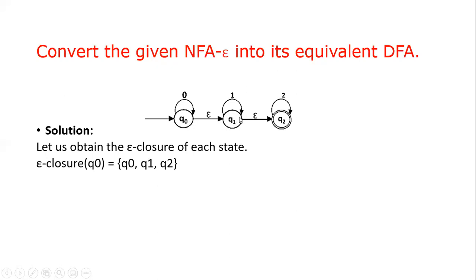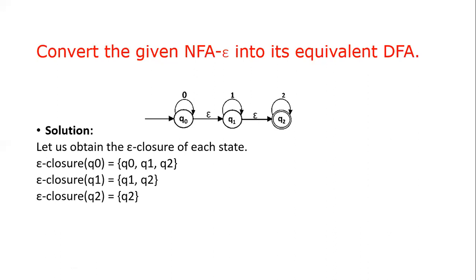From Q1, with the help of the transition, I can move to Q2. So the epsilon closure of Q0 is Q0, Q1 and Q2. Then the epsilon closure of Q1 is Q1 and Q2, right? Then the epsilon closure of Q2 is Q2 only. Okay, fine. So this is the procedure we use to calculate the epsilon closure. And what is the next step?